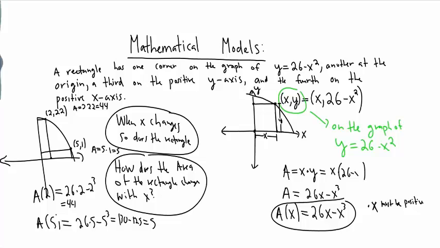Now, can X be any positive value? Well, the most X could be is this number right here, the X coordinate of this point. And this is the point, the square root of 26, comma 0. In fact, X has to be less than that.